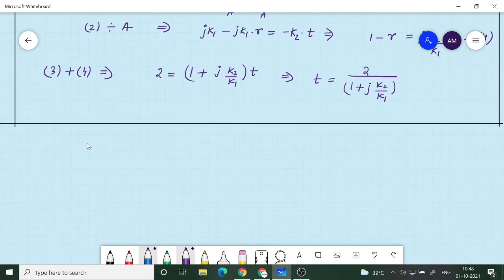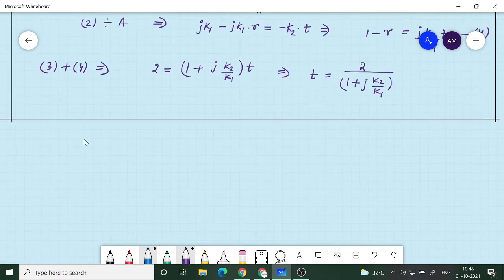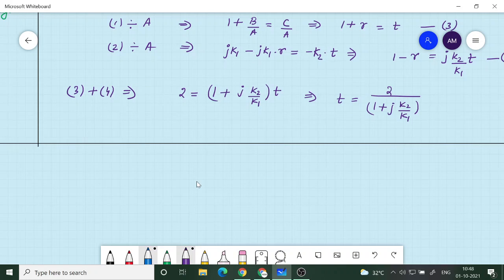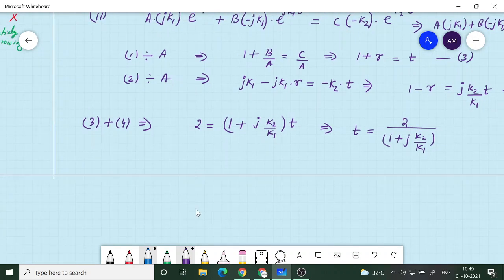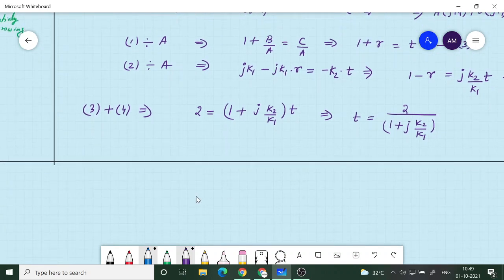Now what is interesting to find out here is basically what is the probability that the electron will be found in the right side where x is greater than 0. So what are these a, b, c constants? Let me go back a little bit.